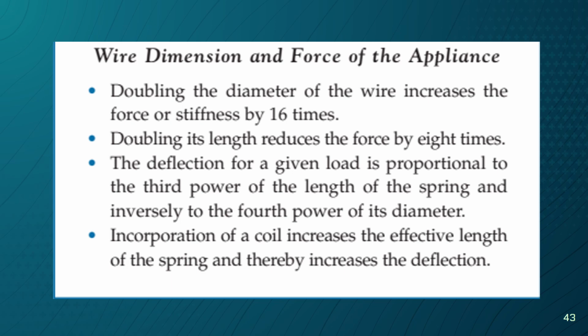This means that when we double the diameter of the wire, the force of stiffness increases by 16 times, since it's directly proportional to the fourth power of the radius. Now, doubling its length reduces the force by 8 times. Again, this is because the force is inversely proportional to the length of the wire.